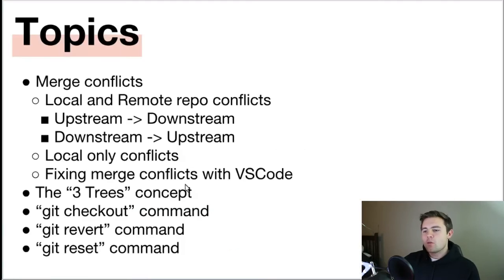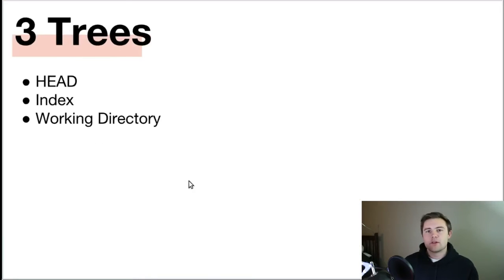But first, we need to understand something called the 3 trees. And if you type this into Google, this is what you're going to find. The 3 trees of Git are head, index, and working directory. Now, what does that mean? Well, before we try to explain all of that, I think that we'd be better off to look at these 3 trees with a little bit different terminology.